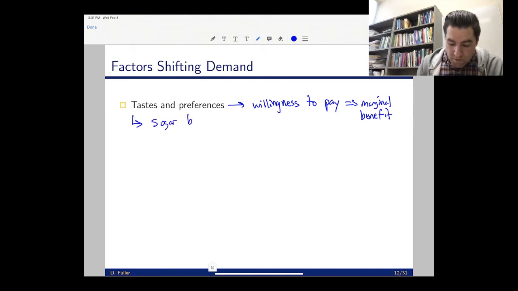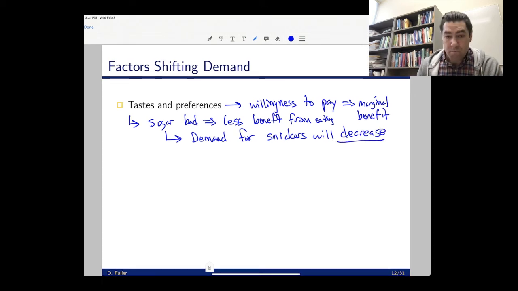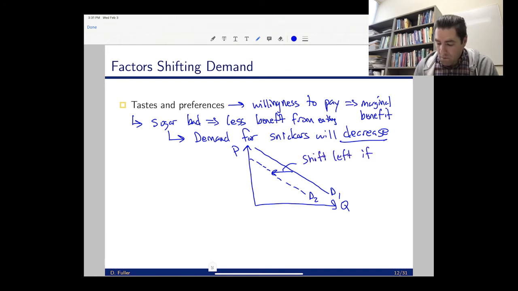So, sugar bad, then I would have less benefit from eating Snickers, and I would expect that demand for Snickers will decrease, or shift to the left. So, shift left if sugar is bad.